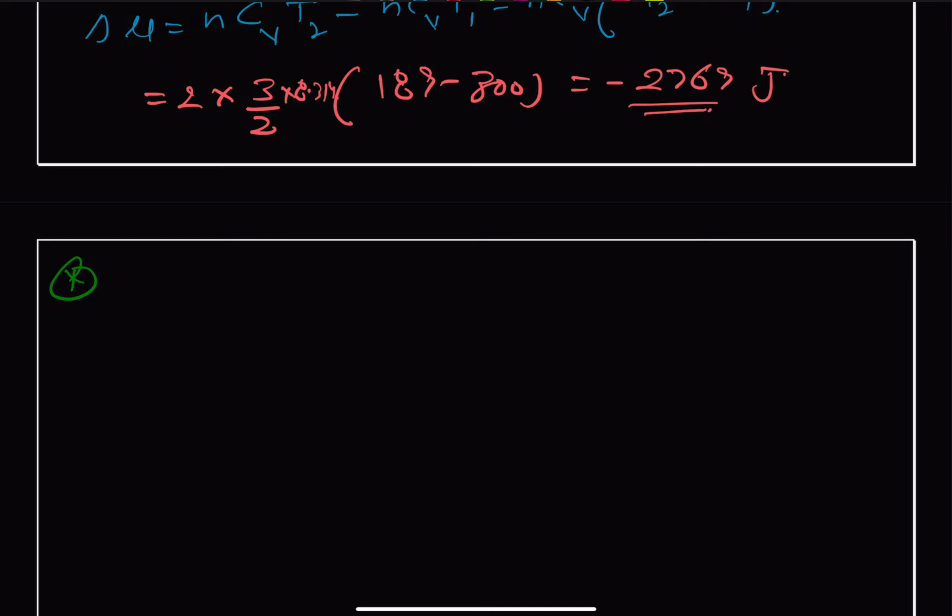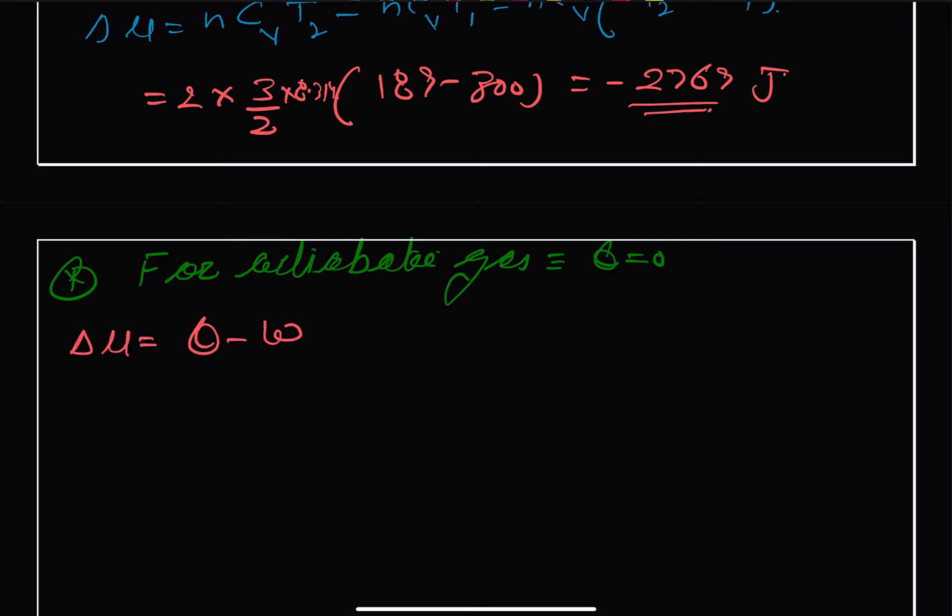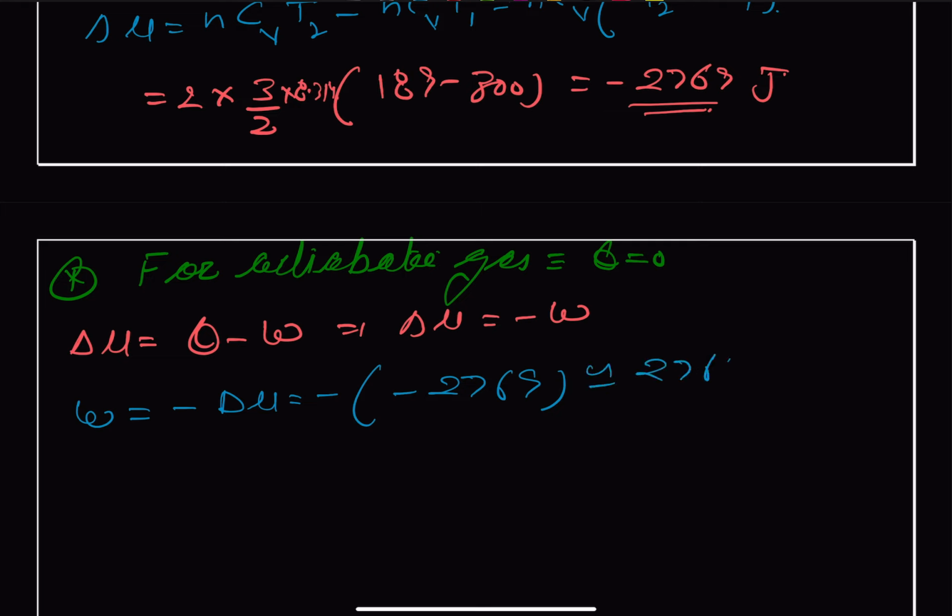And the first law of thermodynamics gives us delta U is equal to Q minus W, which gives us delta U is equal to minus W, or we can say that W is equal to negative of delta U, that is minus of minus 2769, which comes as 2769 joules. This is the work done by the gas.